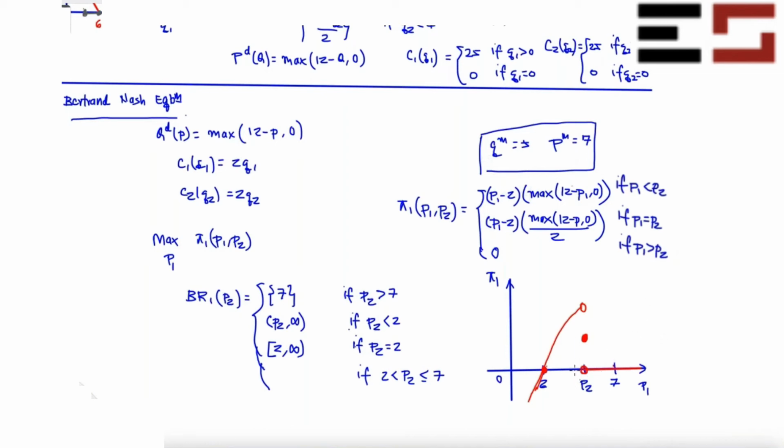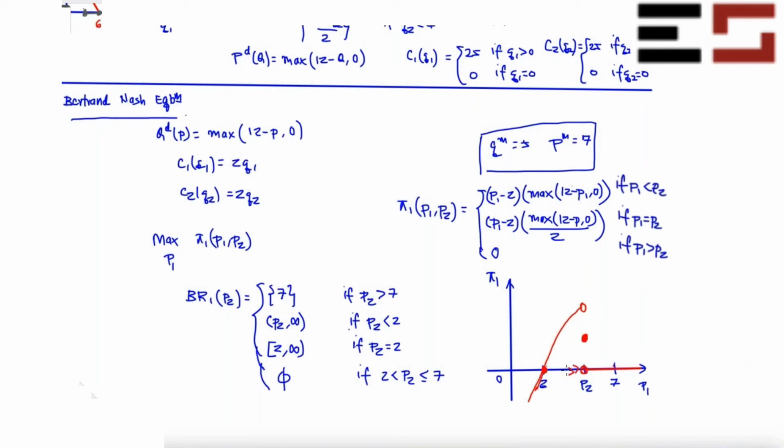There is no such P1 because the closer you get to P2, the higher the profit. It's an empty set. The solution doesn't exist. So there is no solution to this problem. So you cannot say just less than P2, because you have to give me a value where it is maximum. There is no such point.